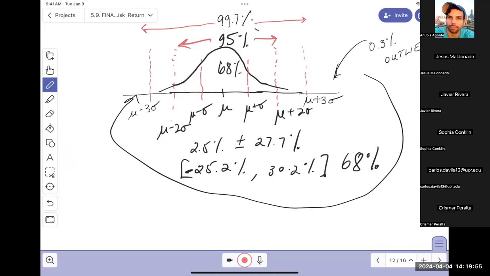The normal distribution allows for 0.3% of observations to be outliers. In other words, there's a 0.3% chance for an unusual result, an extreme positive or extreme negative result.